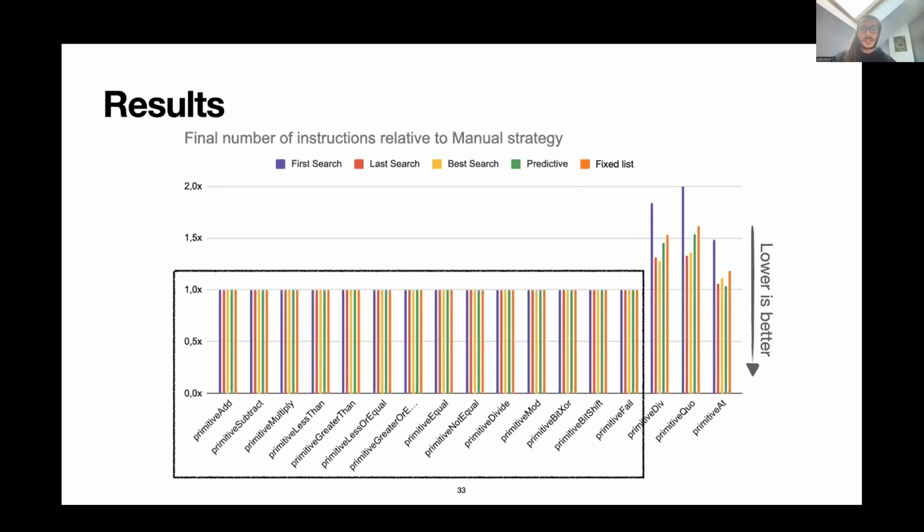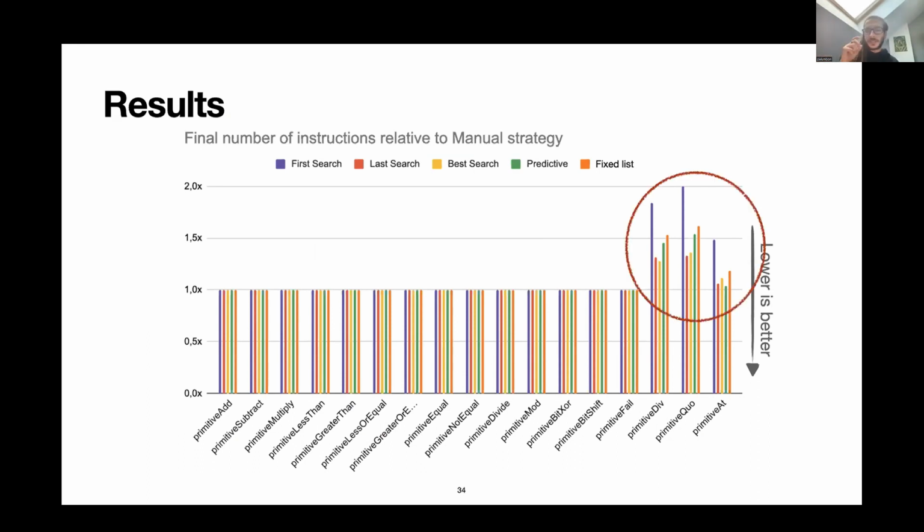What we can see is that most of them arrive at the same result. All the strategies, manual and automatic, arrive at the same result for most of the primitives, but not for the most complex ones. For the most complex ones, the manual strategy was built by the developers, experts who know how all the optimizations work and how to mix them, with a lot of work.